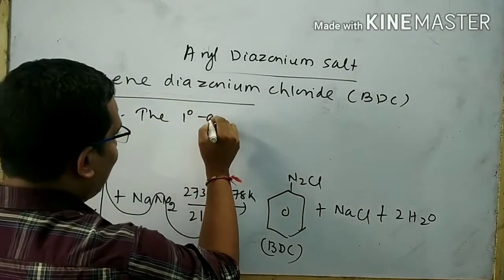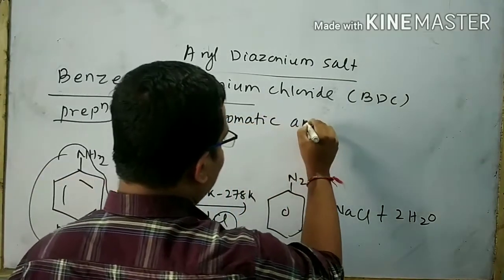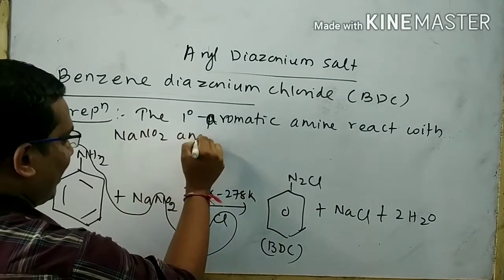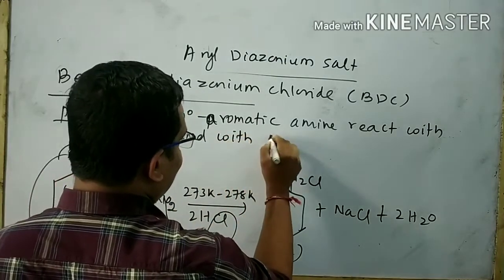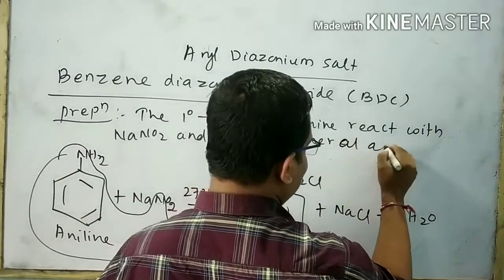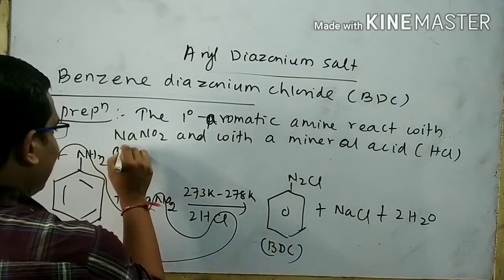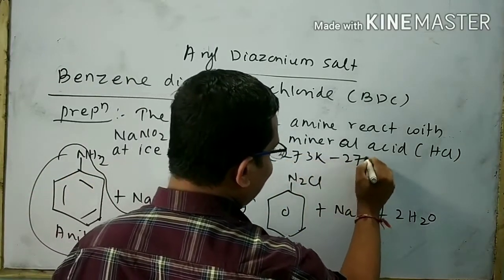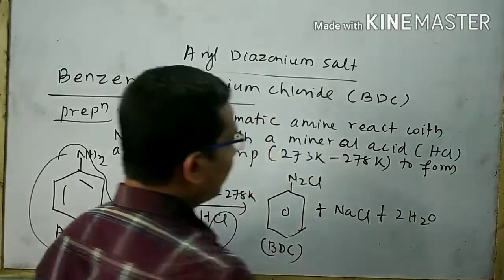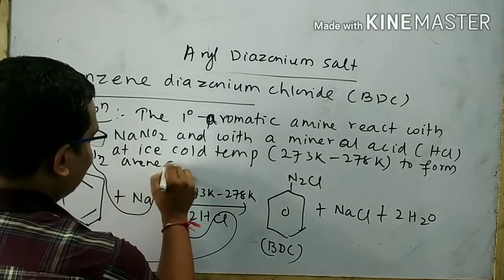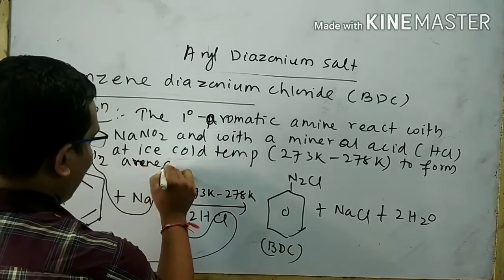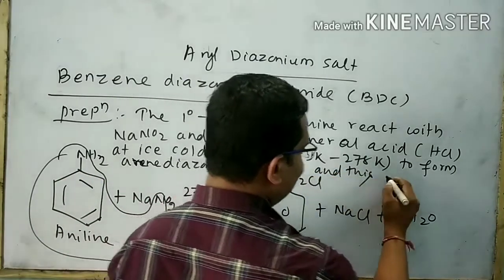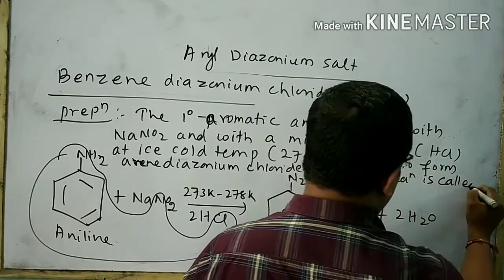The 1 degree aromatic amine reacts with sodium nitrite and with a mineral acid, that is we take HCl, at ice cold temperature, that is 273 Kelvin to 278 Kelvin, to form arene diazonium chloride, and this reaction is called diazotization.